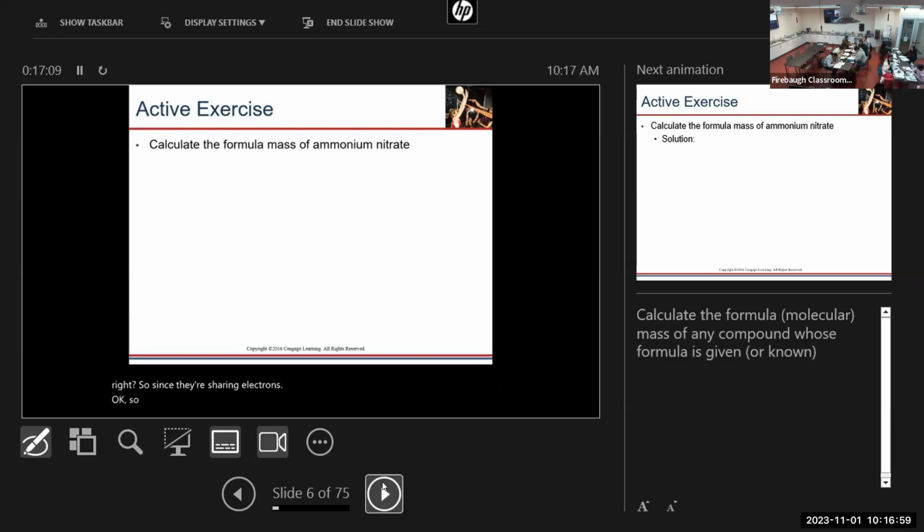Okay, so calculate the formula mass of ammonium nitrate. What is the chemical formula for ammonium nitrate?